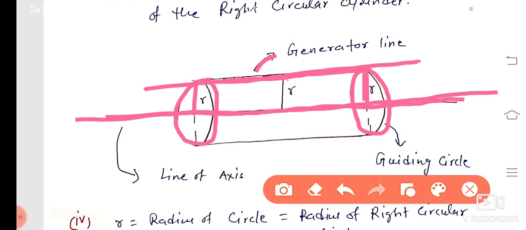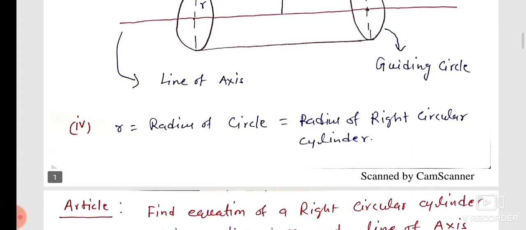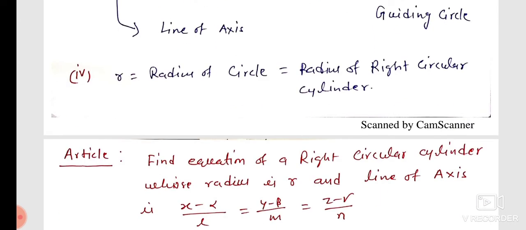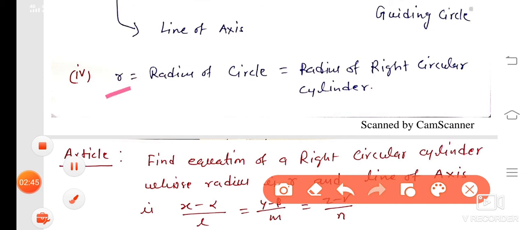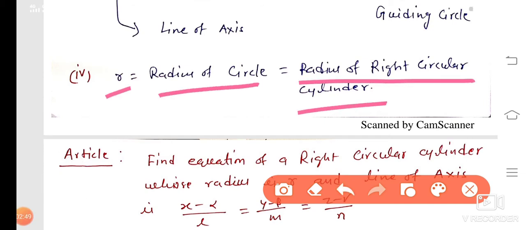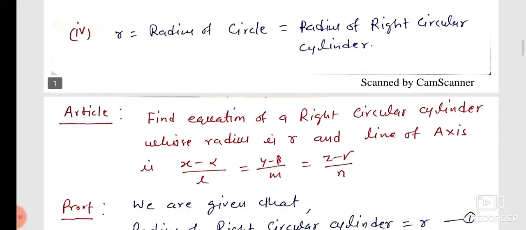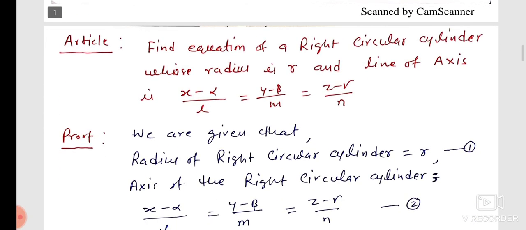So this fixed distance is known as the radius of the cylinder. In a right circular cylinder, what is the radius of the cylinder? It is the radius of the circle. Next, you can see point number 4, small r, that is the radius of the circle, that is the radius of the right circular cylinder. Now we will find the general equation of the right circular cylinder.